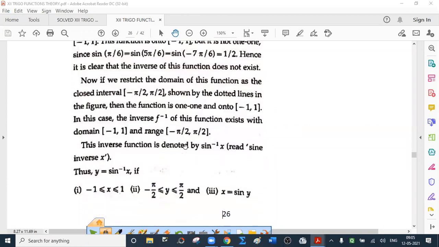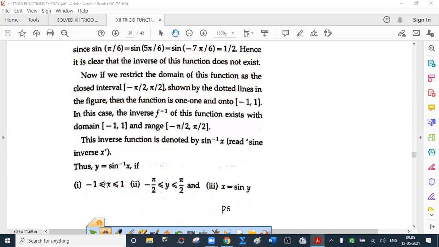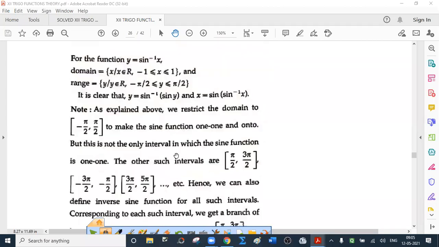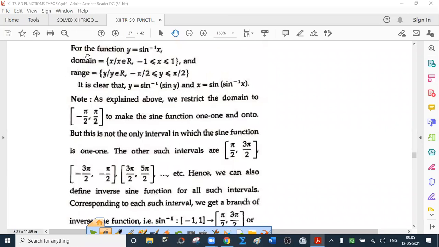Thus, y equal to sine inverse x if x belongs to closed interval minus 1, 1, and y belongs to closed interval minus pi by 2 to pi by 2, and we can very well invert the relation y equal to sine inverse x as x is sine y. Is that clear? So for the function y equal to sine inverse x, this is the domain and this is the range.